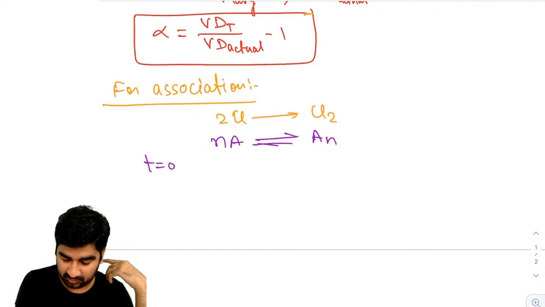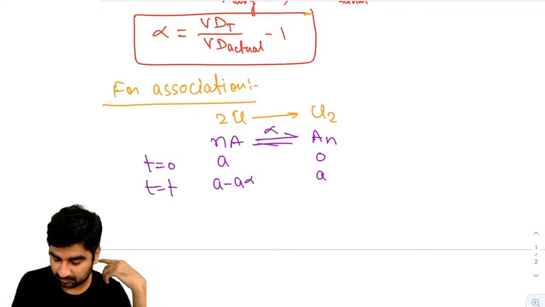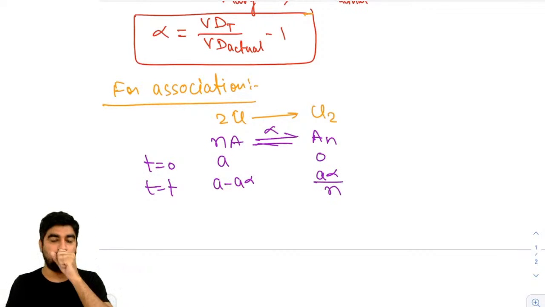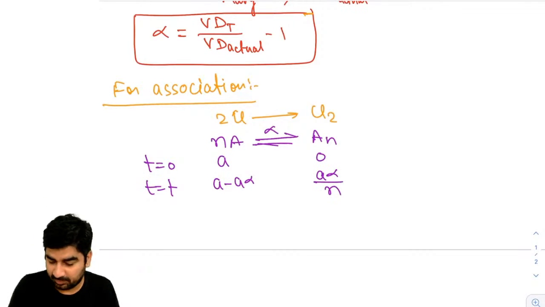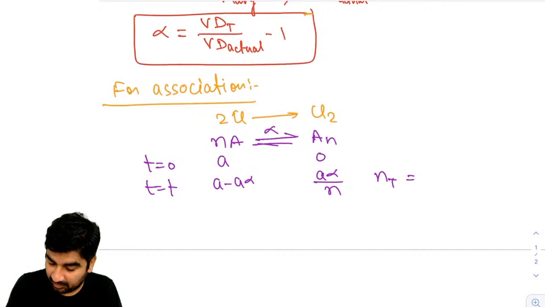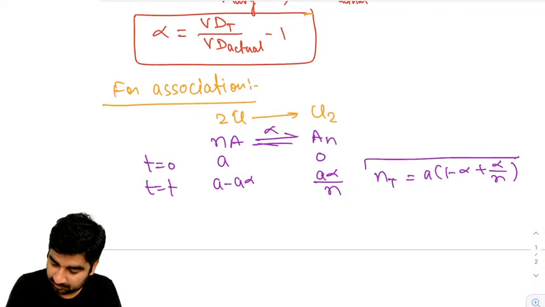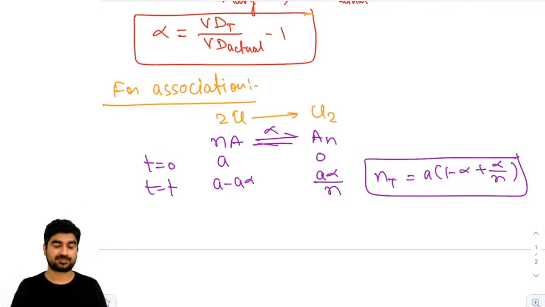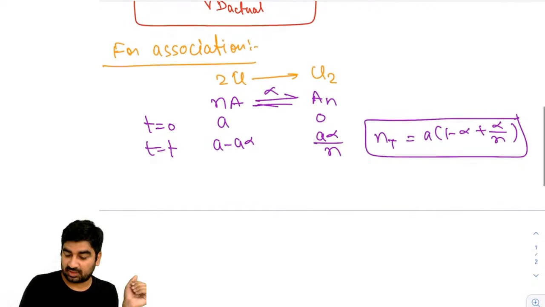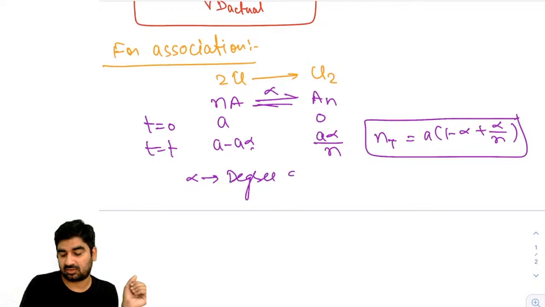At T equal to 0, if A moles of it are present, and alpha is the degree, then after some time A alpha by n forms. What will be the total moles here? It will be A into 1 minus alpha plus alpha by n. And here alpha I will call the degree of association.